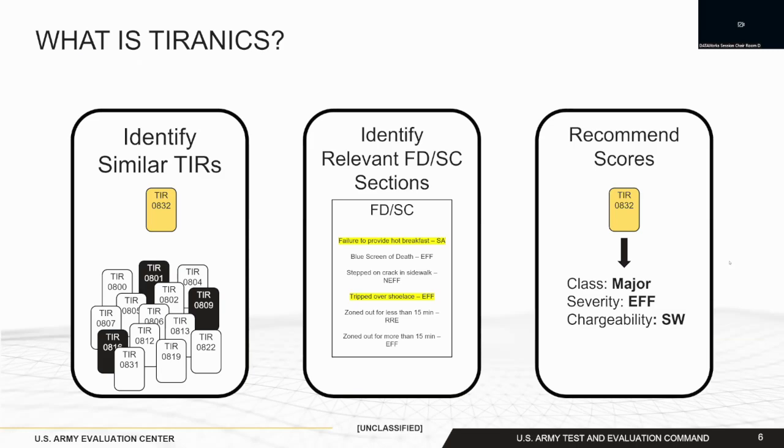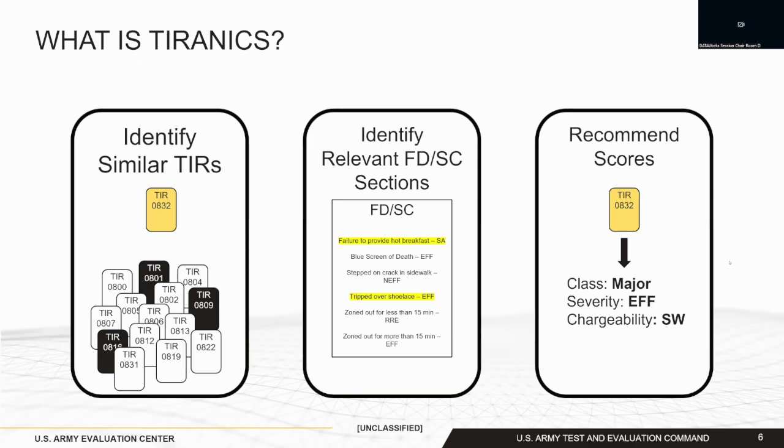So the first objective for Tyrannics is to speed that process up, just to provide a list of similar TIRs. So the evaluator opens up a TIR and asks the question, all right, find the last 5 TIRs maybe that are most similar to this so that I can compare how those were scored.